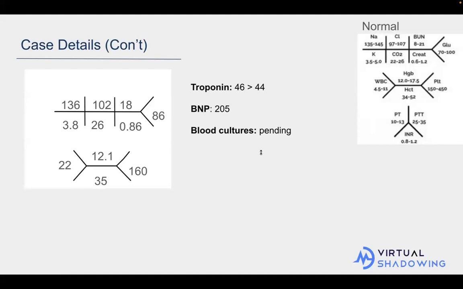So someone tell me what does this tell us? I put the normals on the side for us. Infection.